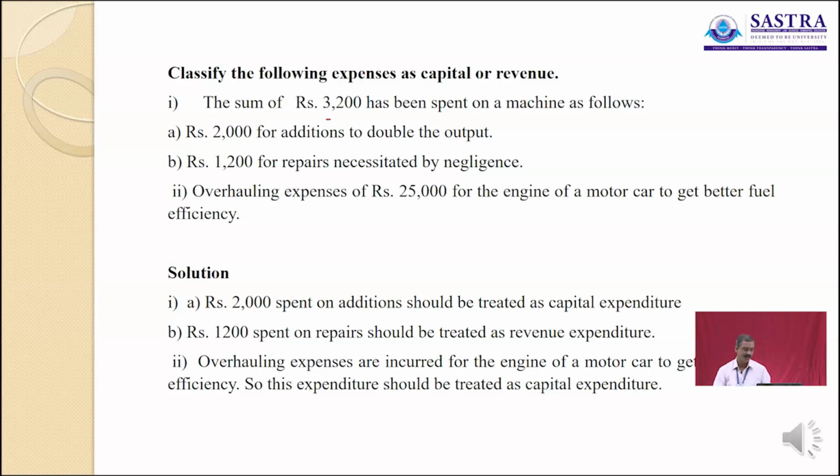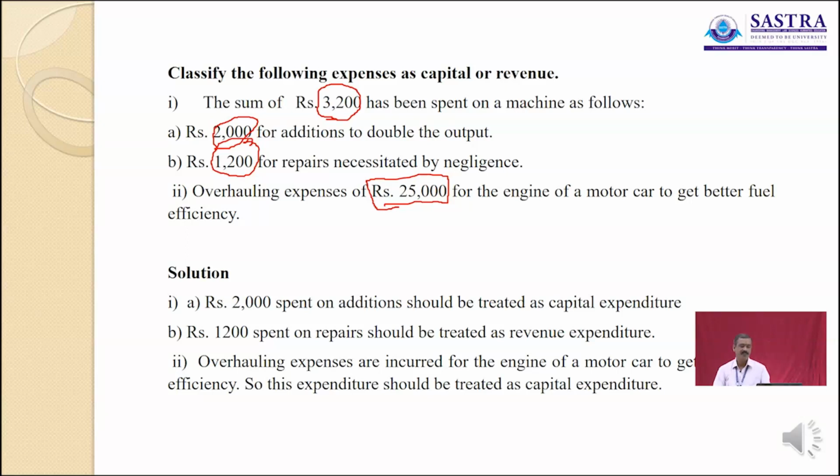See here, the machine amount is 2,000 for additions to double the output, rupees 1,200 for repairs necessitated by negligence. The second item is the overhauling expenses of 25,000 for the engine of a motor car to get better fuel efficiency. See, classify these following expenses.